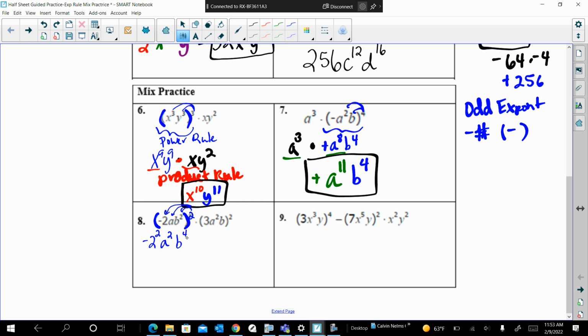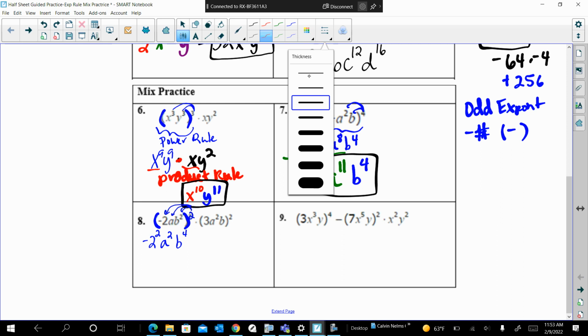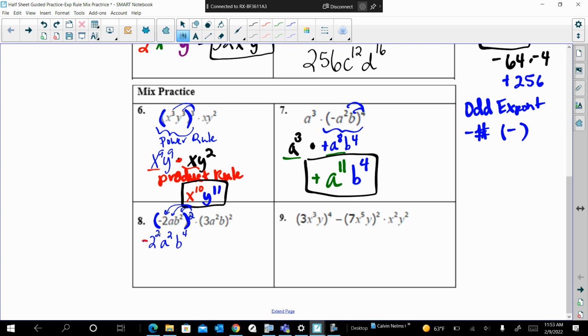And then I see that this negative 2 right here has an exponent of 2, right? And 2 is even. So what does that number turn into? Positive 4. So our final answer would be 4a squared b to the 4th on this part, just for this set of parentheses.